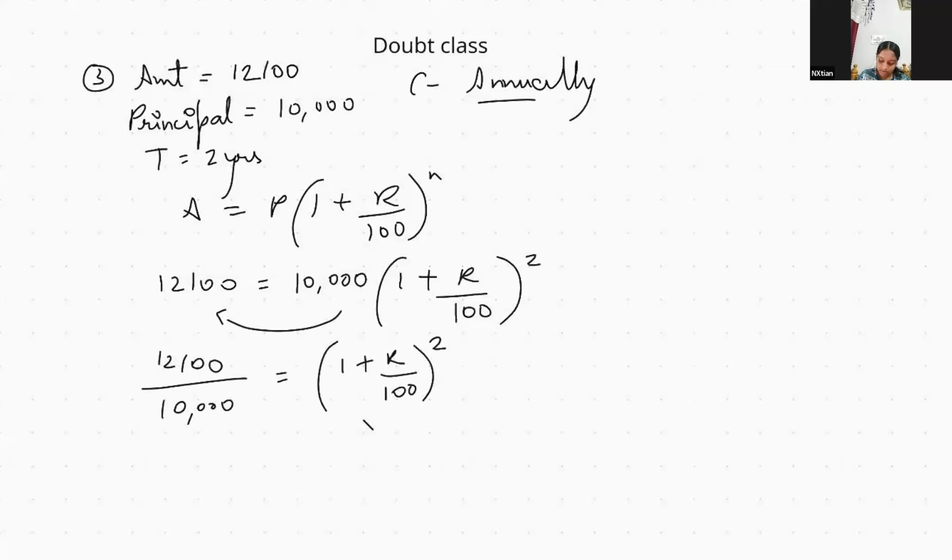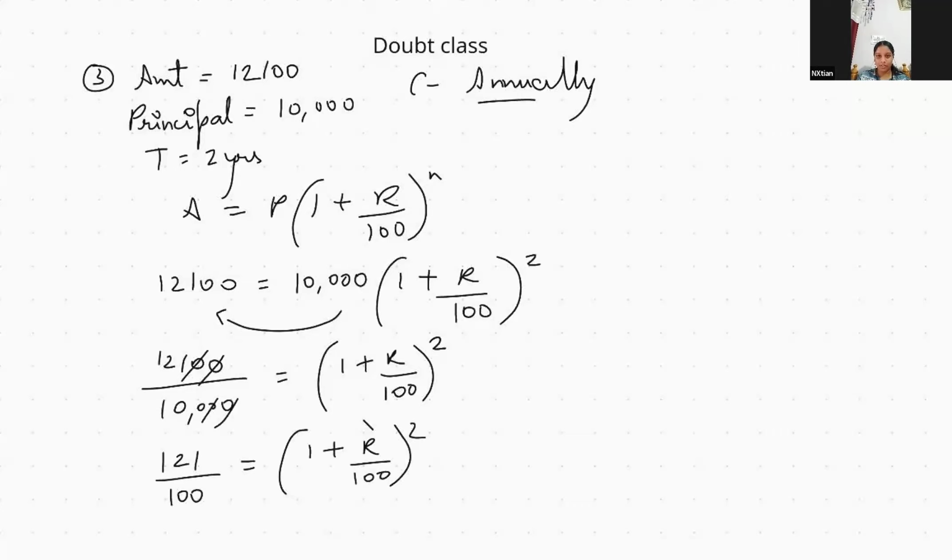Okay, so zeros and zeros you can cancel. So I have 121 by 100 equals (1 plus R/100) raised to the power 2. Now this 121 and 100 also I will make into squares, because we have to cancel the power, right? So 121 is the square of what number?